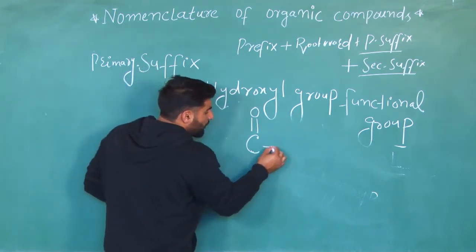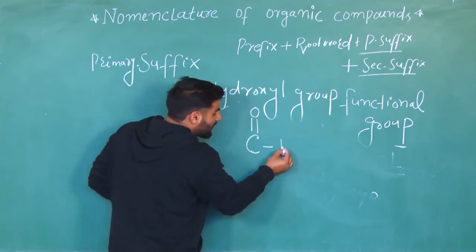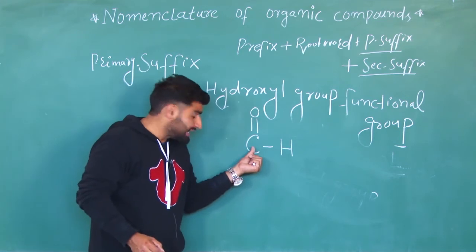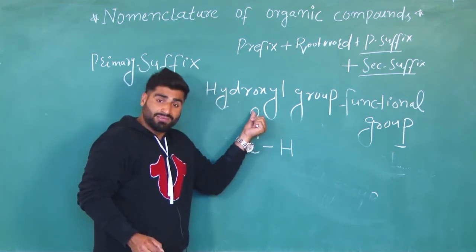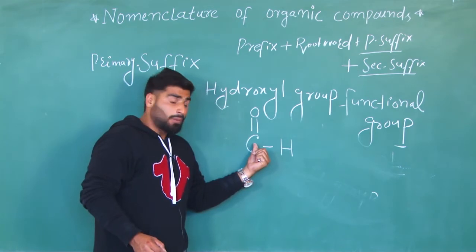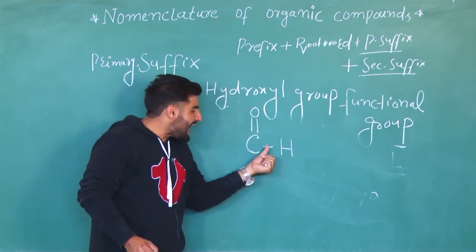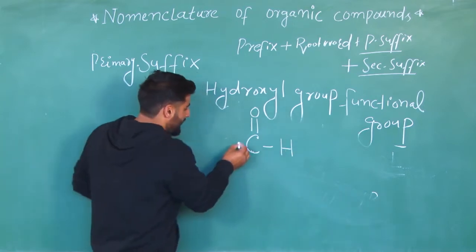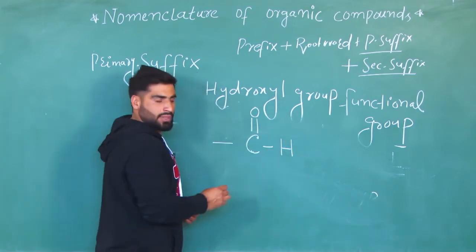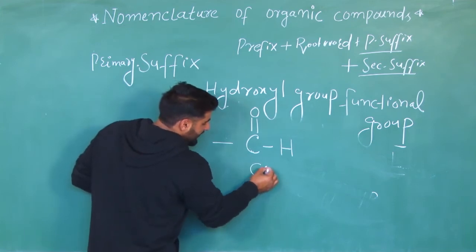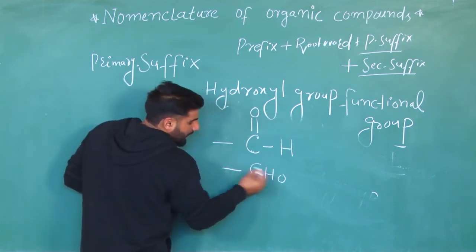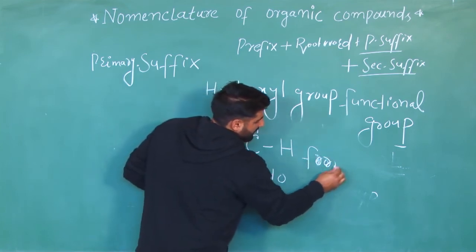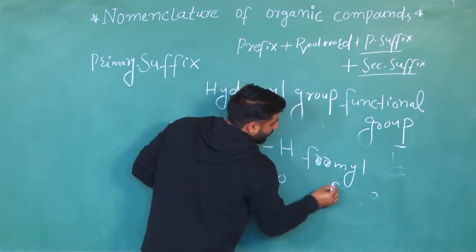So if the carbonyl group has a carbonyl carbon and an oxygen, and the carbon of the carbonyl group has at least one hydrogen, at least one hydrogen means this CHO group. So this group becomes the CHO group. This group is known as formyl group.